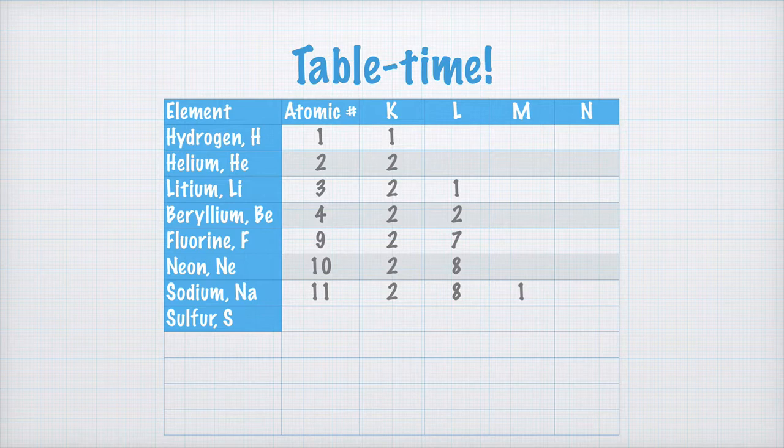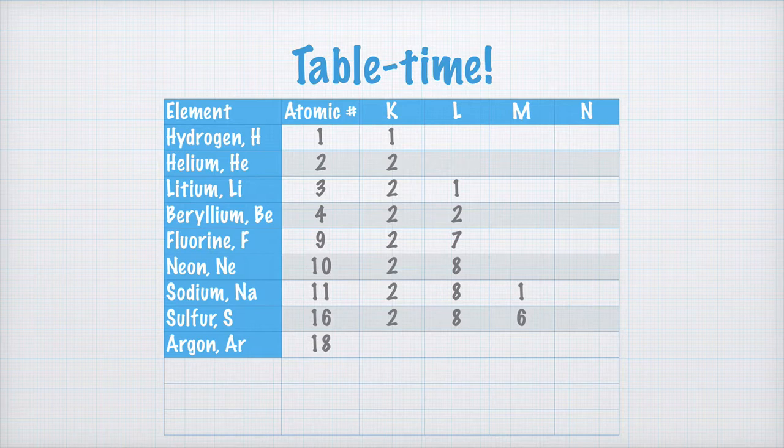Now we jump forward a bit again, and we take a look at sulfur. Sulfur, I happen to know, has the atomic number 16. 16 protons then in the nucleus, and 16 electrons to be placed in the electron shells. First, we put 2 in the K shell as usual, and then 8 in the L shell. Now we're up to 10 electrons. 6 electrons are left to place, and they all end up in the M shell. If we jump forward yet another little bit, we arrive at argon with the atomic number 18.